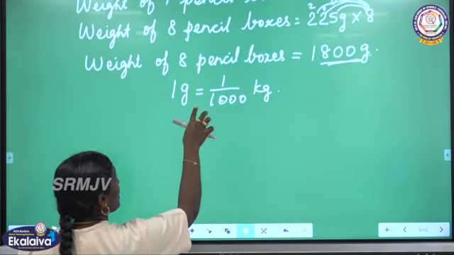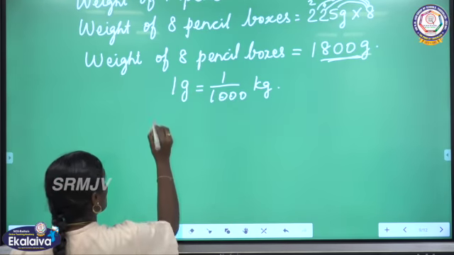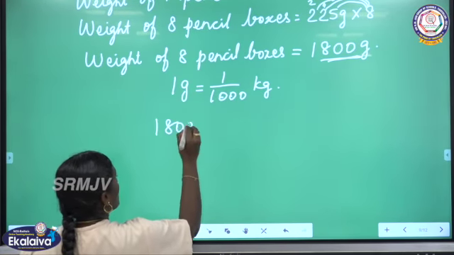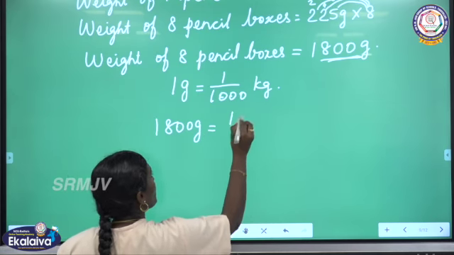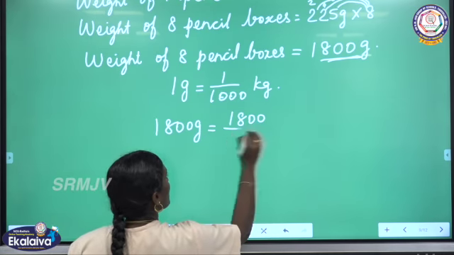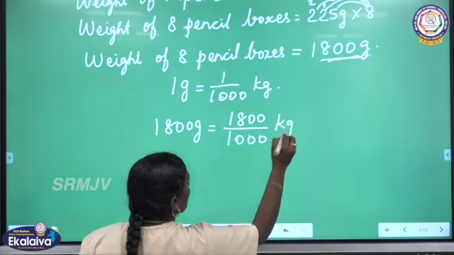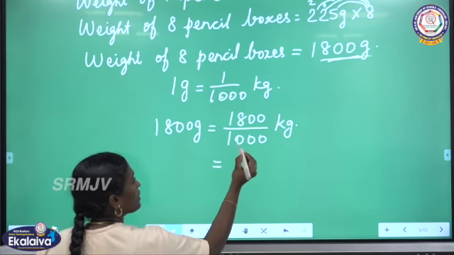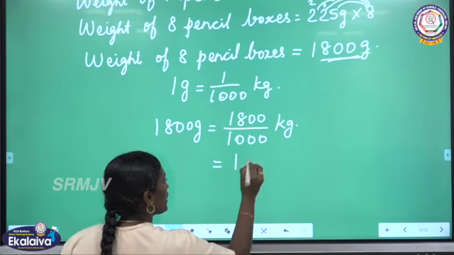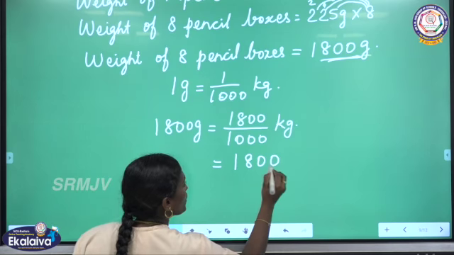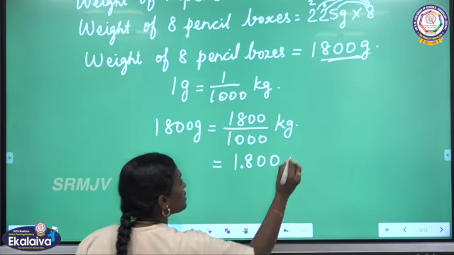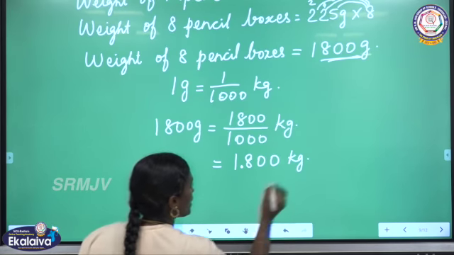Now we got 1800 gram. So 1800 gram is equal to 1800 divided by 1000 kilogram. Here 3 zeros are there, so we need 3 decimal places. So from the last, before 3 digits, we have to keep the decimal point.